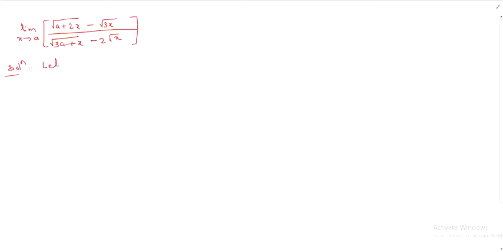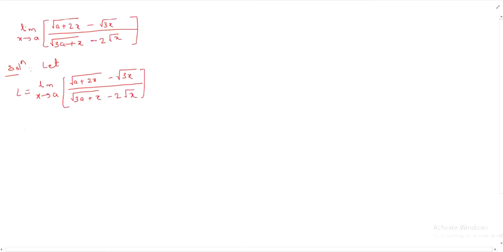Let L is equal to limit, rewrite the function. Whenever you rewrite the given question again, observe the terms very carefully, don't make any mistake, because if you take it in the wrong way, then you will surely lose your marks in the exam, though your answer is correct.